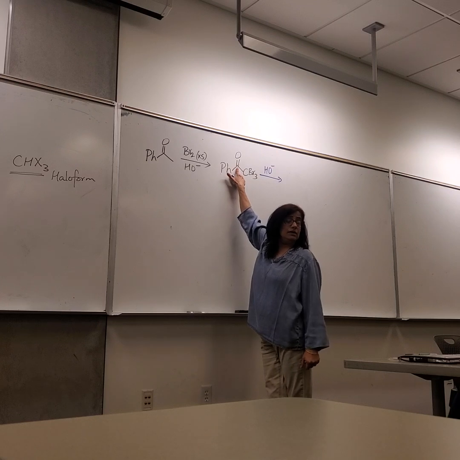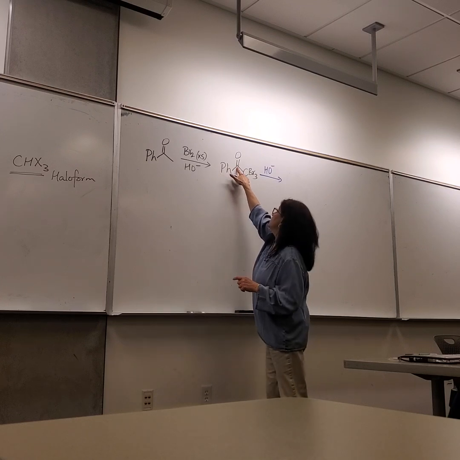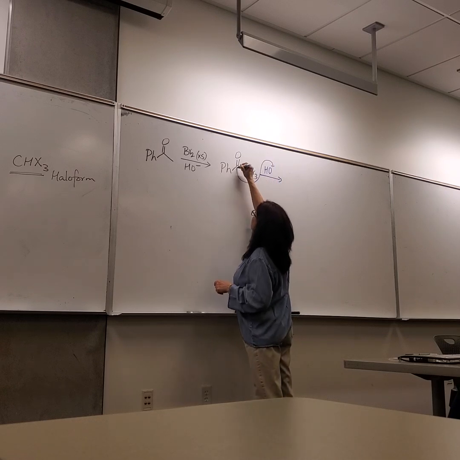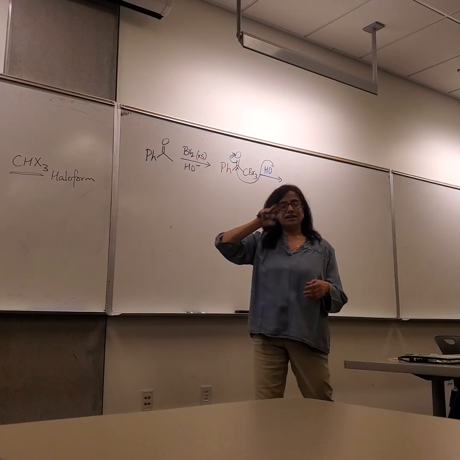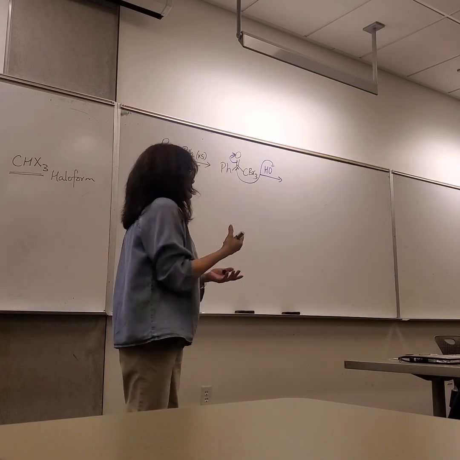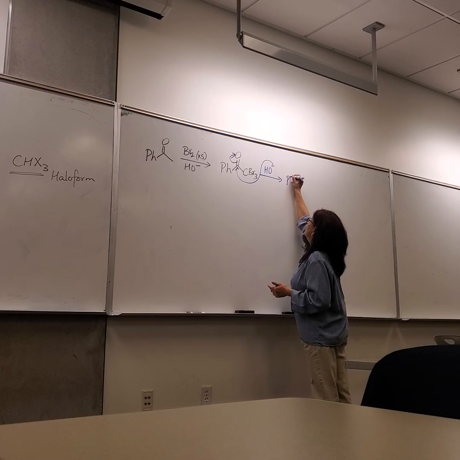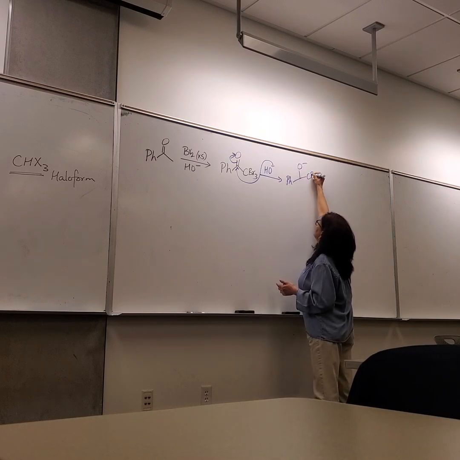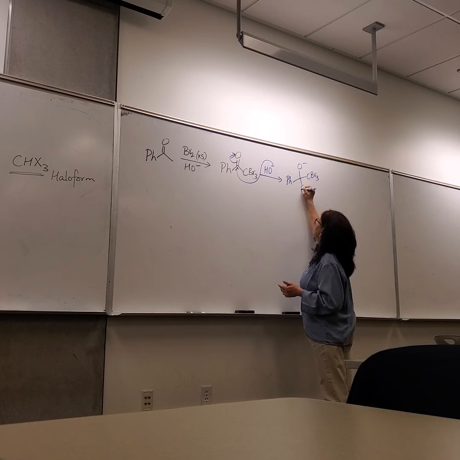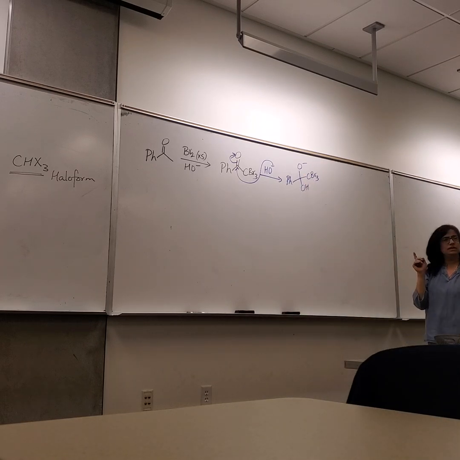Exactly. There are no more protons for it to take, so it acts as a nucleophile and attacks the electrophilic carbon, like we've seen before. What does that do? That creates a tetrahedral intermediate. Have we seen tetrahedral intermediates before? Yes.